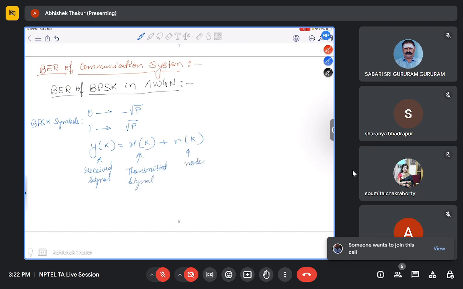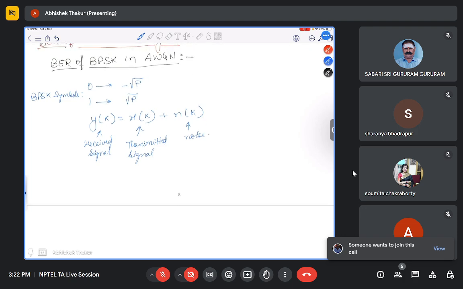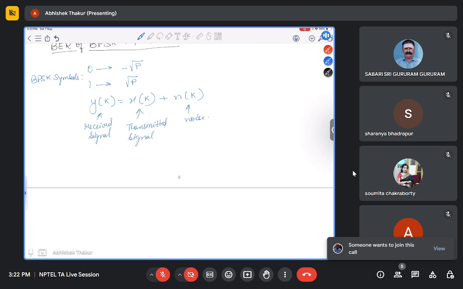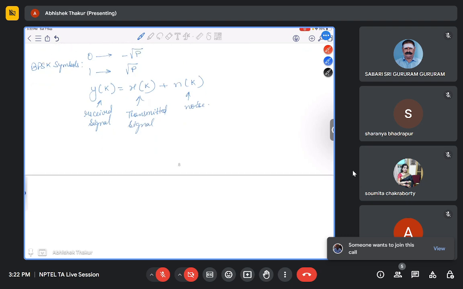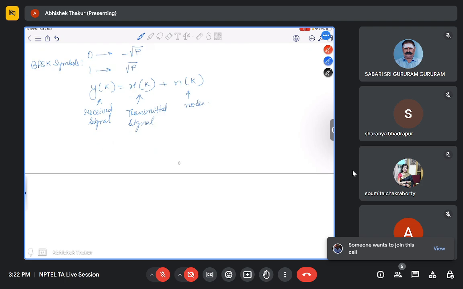Due to noise some error occurs, so we have to find what the bit error rate will be due to the noise. After receiving, we have to make a decision whether the transmitted signal was 0 or 1.